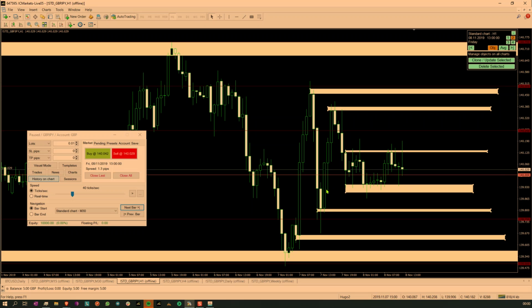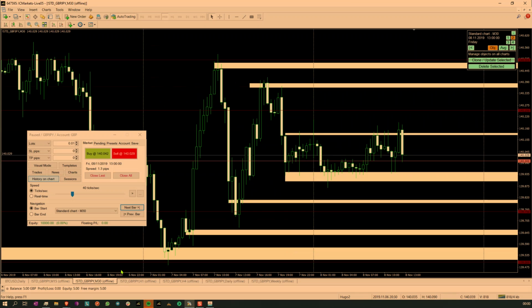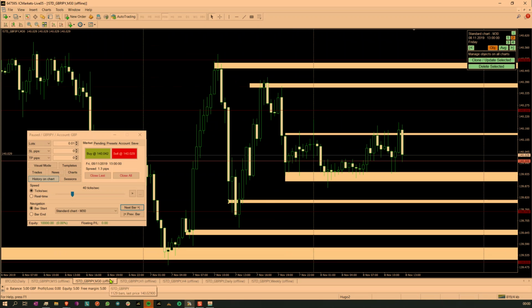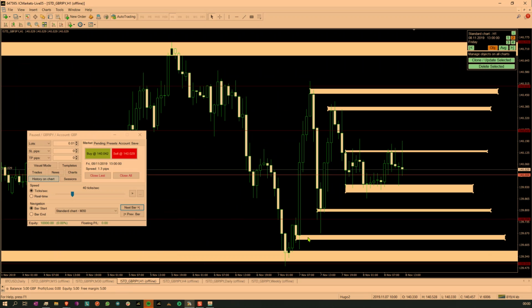Okay, let's go finally to 30 minutes and see the zone. Okay, on 30 minutes we can. Well, this is a 1 hour support here. Okay, the 1 hour support is there, and then this one here.